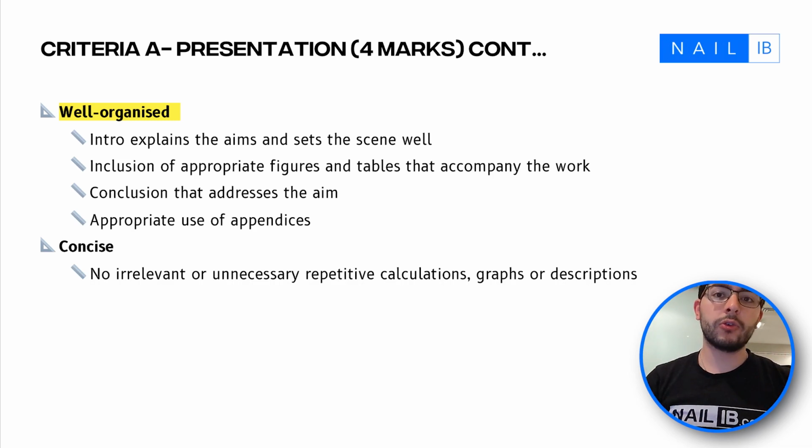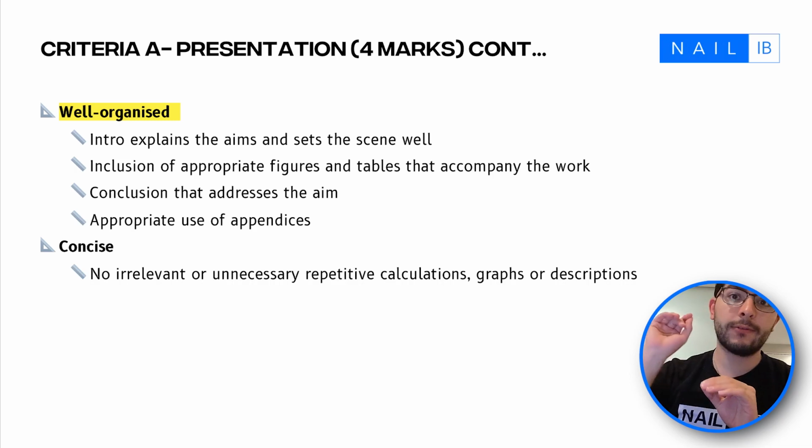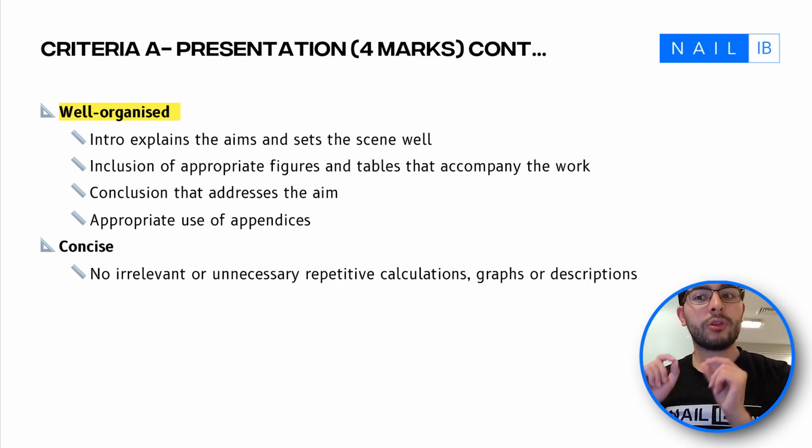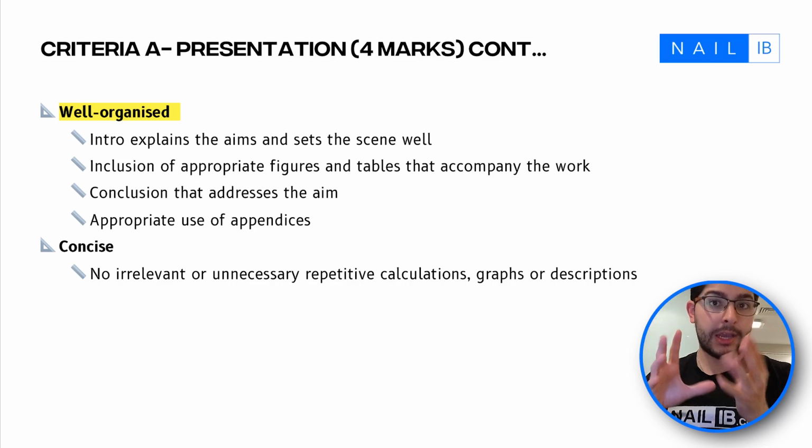Now, what you also need to do in well organized is include appropriate figures and tables that accompany the work. So you should not be throwing in figures that don't directly contribute to your IA. And it should also be directly referenced in your writing.